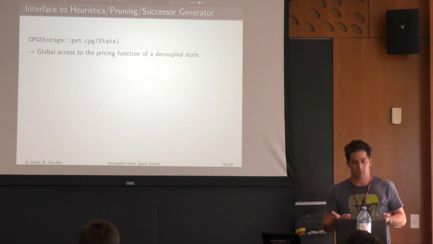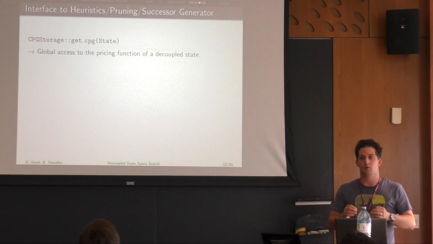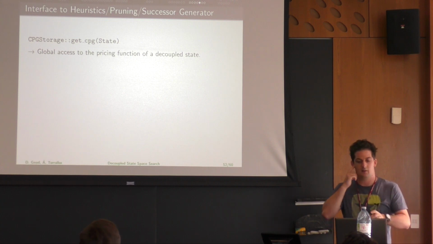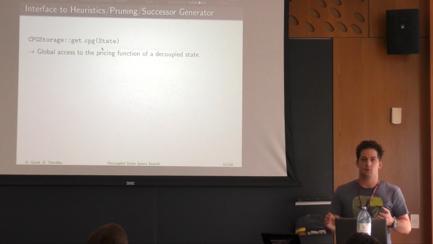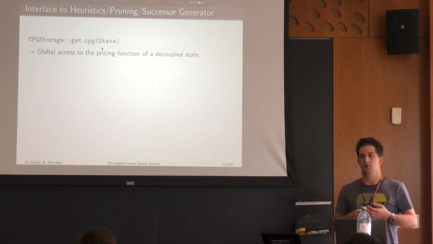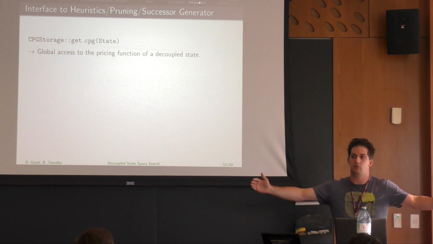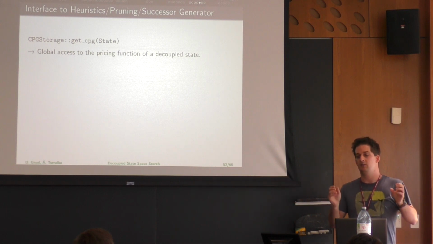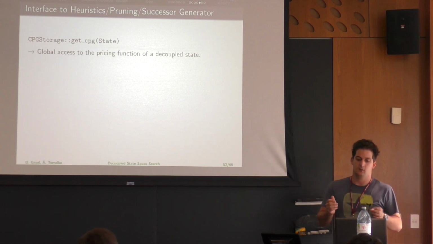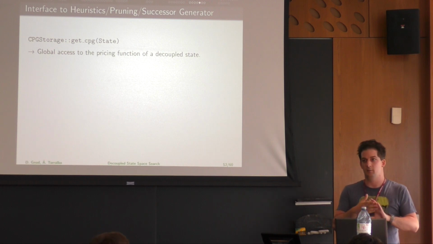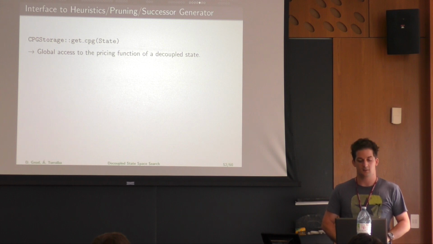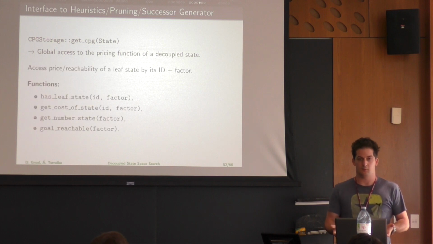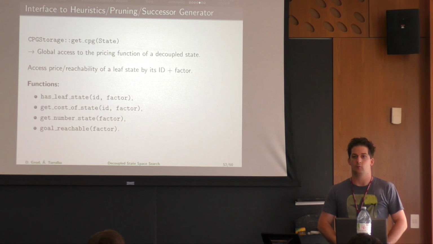So here's the important part also for the hands-on, which you will need later. I have it on another slide. This compliant path graph storage is basically what I told you, this per-state information thing. So this really large vector that for every decoupled state keeps a pricing function object. You can access this globally so that it can be used in heuristics, pruning, in the successor generator, wherever you need it. And these are the functions with which you can query information from the compliant path graph.